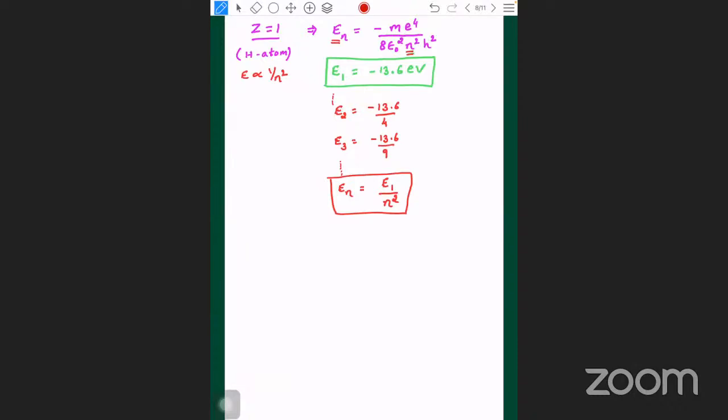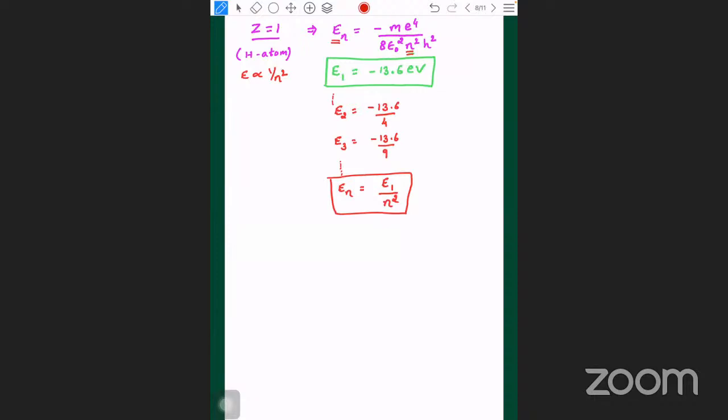This is the energy of an electron in the nth orbit of the hydrogen atom, in terms of E1.